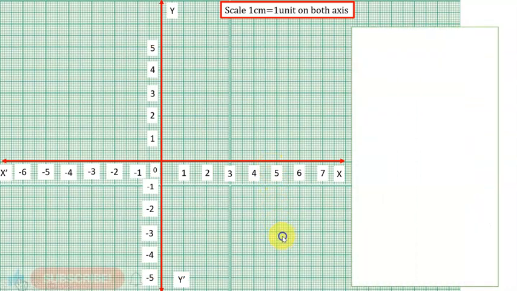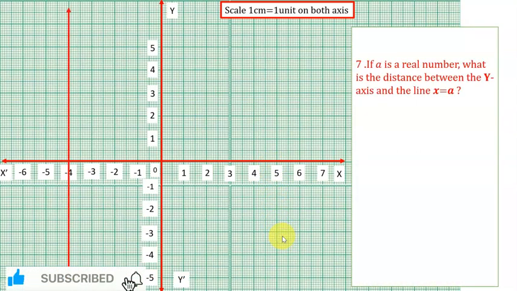Now next question, question number 7. If a is a real number, what is the distance between the y-axis and the line x is equal to a? Here I have considered a as 4. Okay, a is unknown. This is the first line. These are the two. a is a real number, meaning a can be positive or it can be negative.